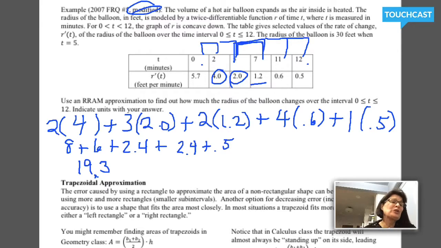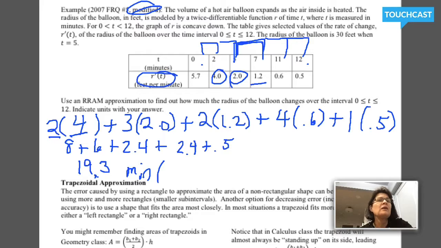Notice I've been asked to include units with my answer. So just go back and look at each of these little multiplications I did. 2 times 4. 2 was a distance across the time interval, which was measured in minutes. And the 4 was a height, so like an output value of this function.